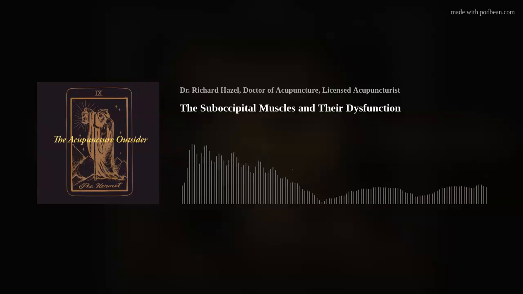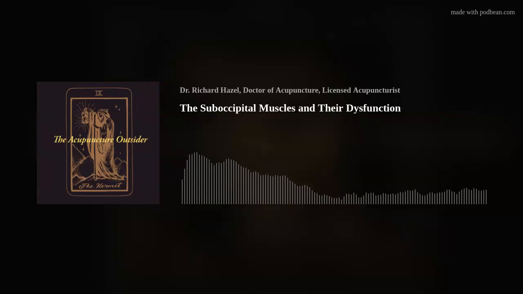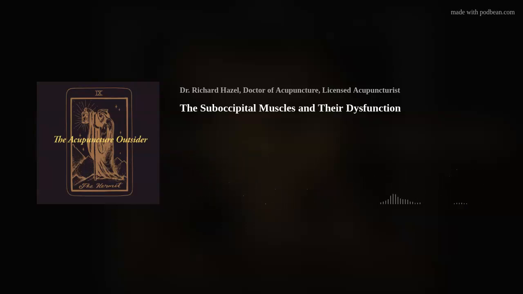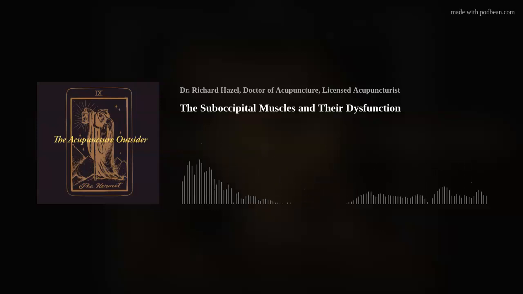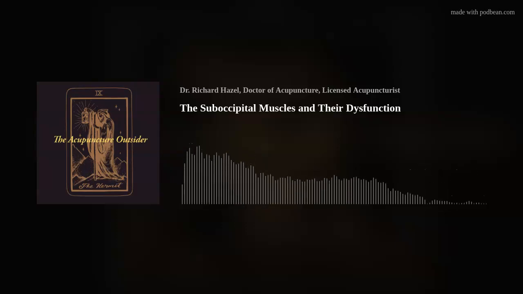So it's an angled trajectory, and you can palpate that muscle on yourself or on your patients, and we needle it in an upward angle toward the opposite eye. We don't want to go anywhere forward that would go into the vertebral arteries there.